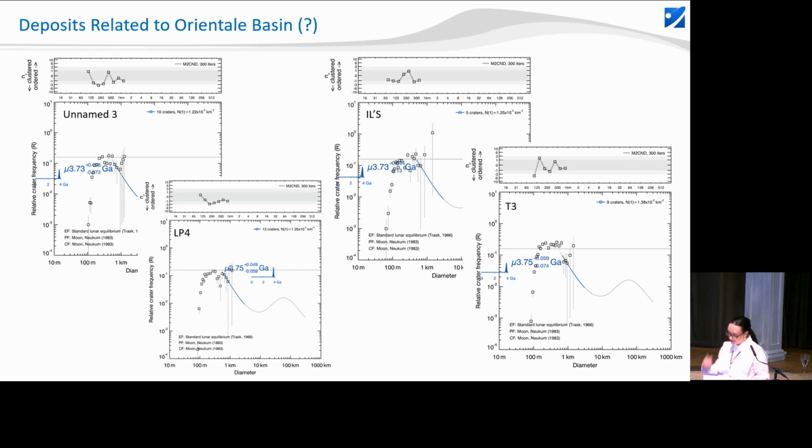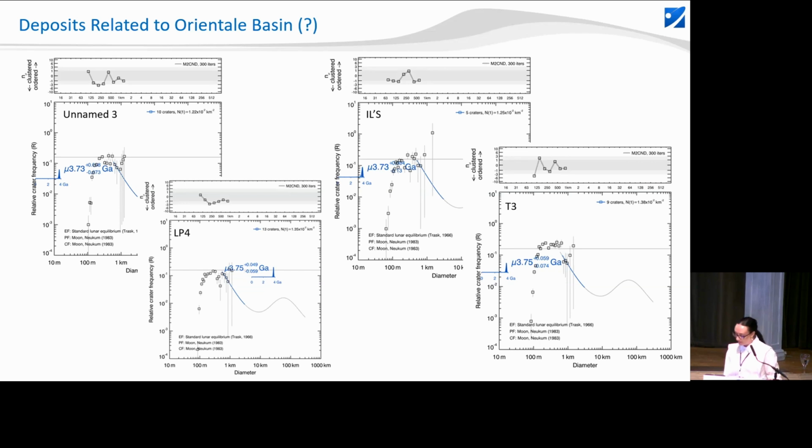But in this case, the sourcing was a little more complicated because there are no basins at the South Pole that are 3.7, nor are there large craters that are close enough and big enough to have formed all of these. And so in these cases, you have to look at more of a bigger picture.